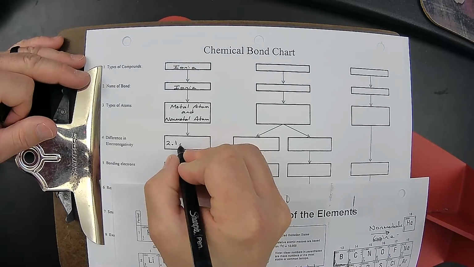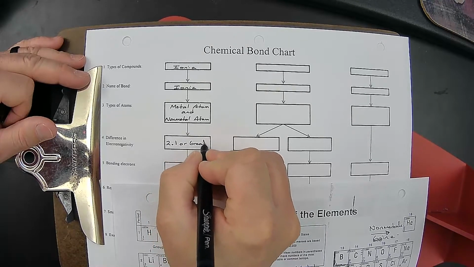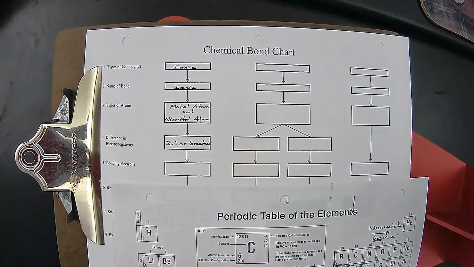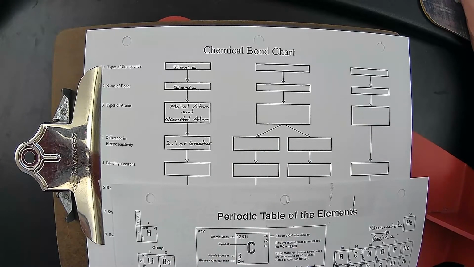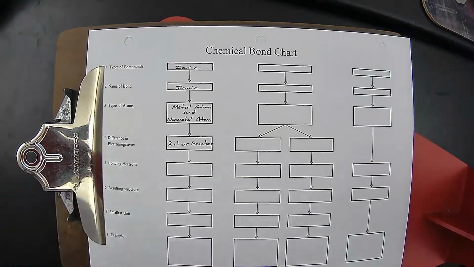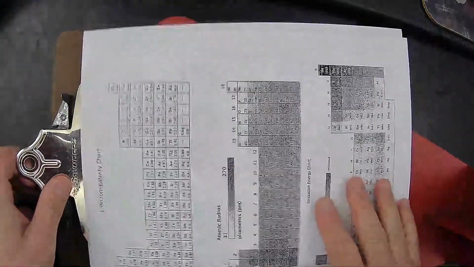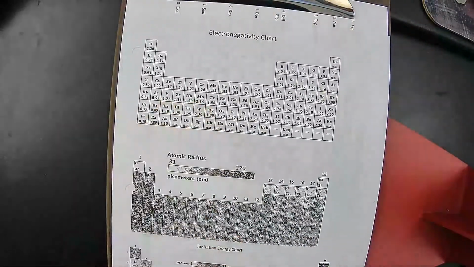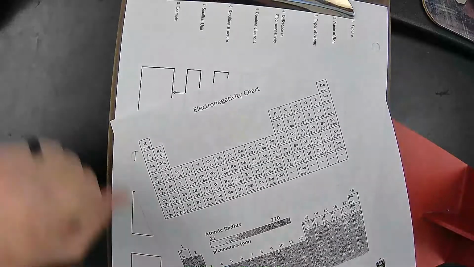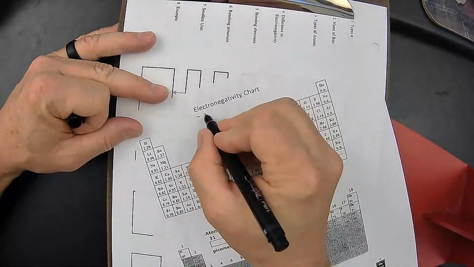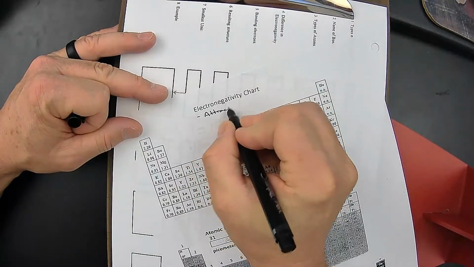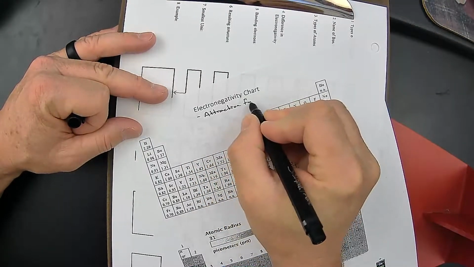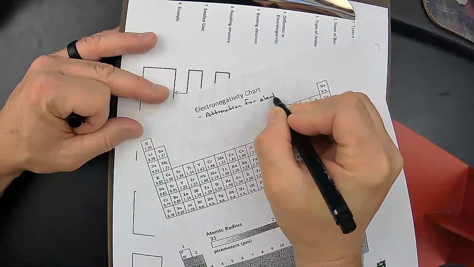And I want to expand on that concept of electronegativity difference. When we look at an electronegativity chart, and this is on the back side of your oxidation state chart, I want to remind you it is an attraction for electrons.